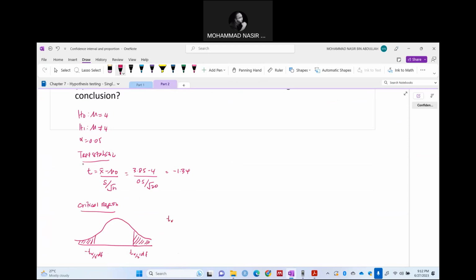So t alpha divided by 2 with degree of freedom, t 0.025, the degree of freedom is n minus 1 which should be equal to 19. So this is 19, right? The critical region 0.025 and 19, right?